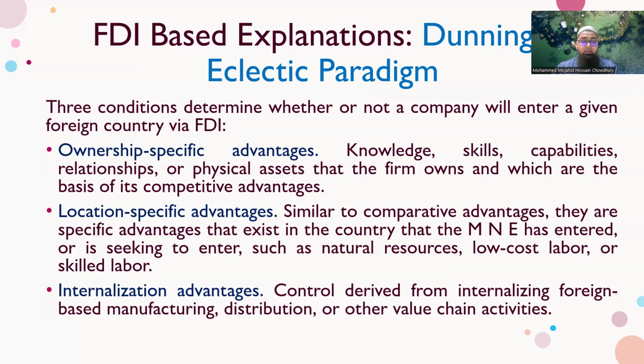On the other hand, location specific advantages are benefits like low cost labor and skilled labor; when they get these, they get a competitive advantage. And also when they have a competitive advantage in distribution or in any of the value chain of the foreign manufacturing section, that is another part of Dunning's eclectic paradigm.